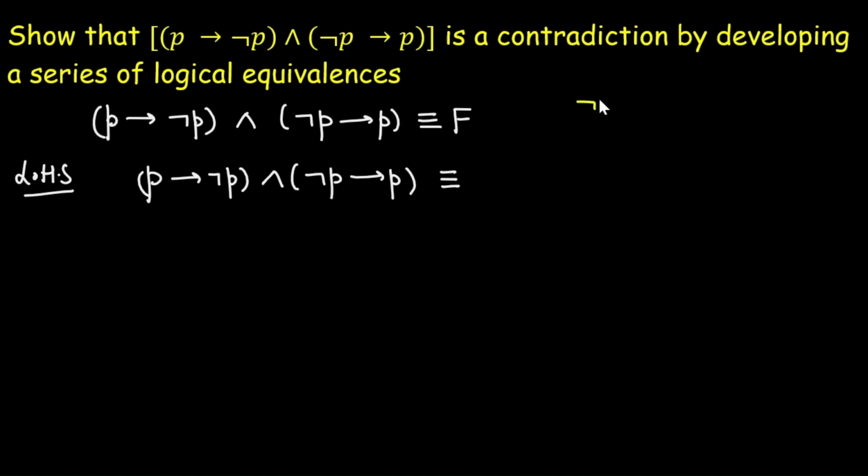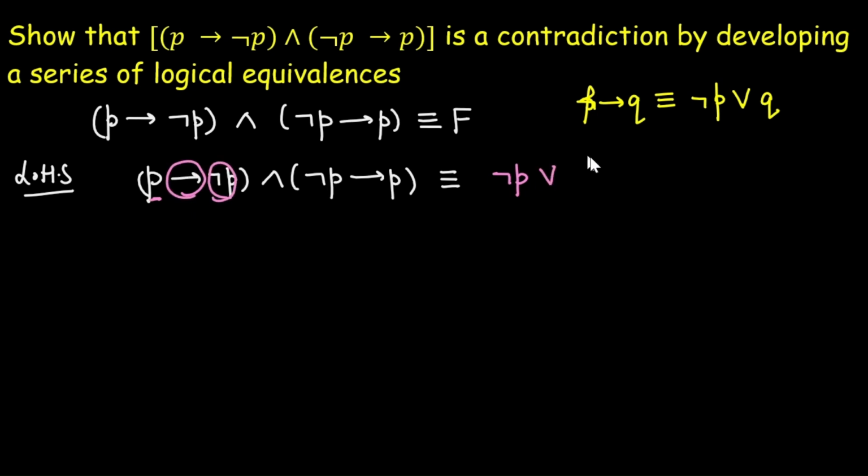We can use P implies Q is logically equivalent to not of P, this operator gets converted into OR and Q statement as it is. So we can say in this case negation of P, this operator gets converted into or.